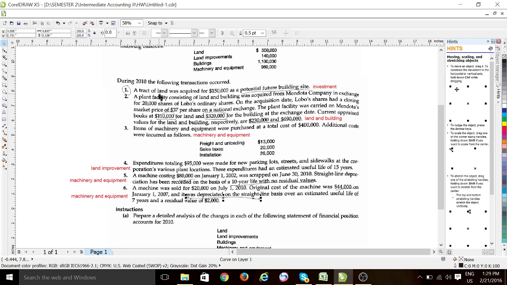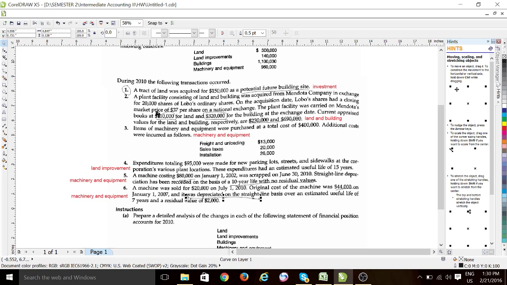A tract of land was acquired for 150,000 as a potential future building site. This transaction should be included in Lobo's statement of financial position as an investment in land. So it's not going to affect the analysis of the land account, but instead it should be included in the statement of financial position as an investment.